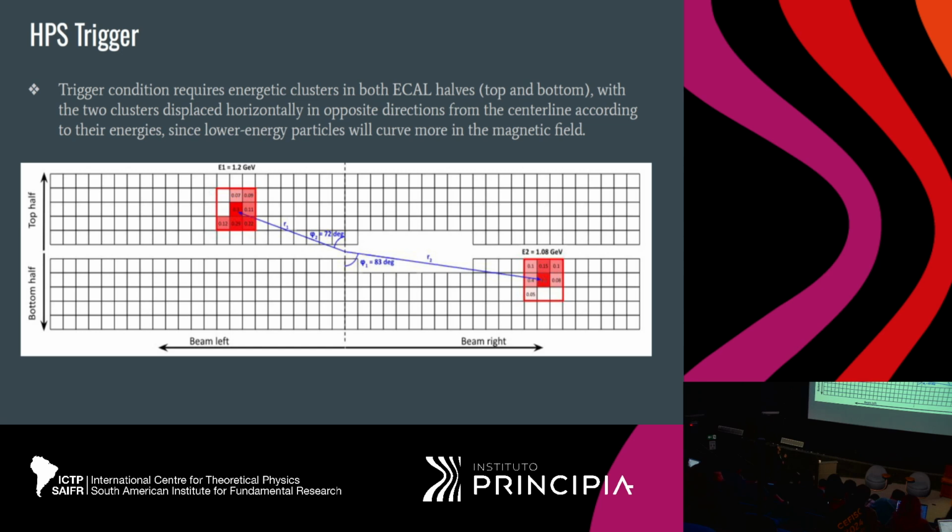So what is done is that you require an energetic cluster, which is to say an ensemble of crystals close to each other that show a significant amount of energy, which is not due to the interaction of an electron or positron, and they have to be displaced horizontally in the opposite direction from the center line of the unbent beam, according to their energies.